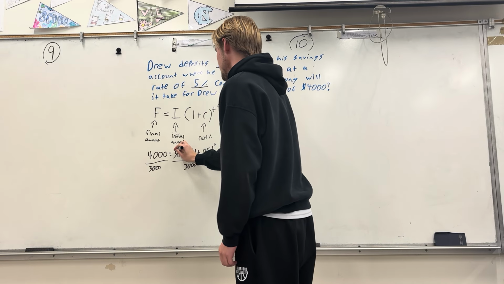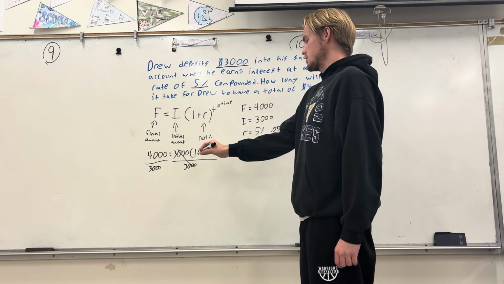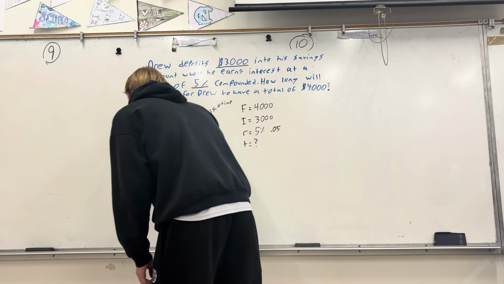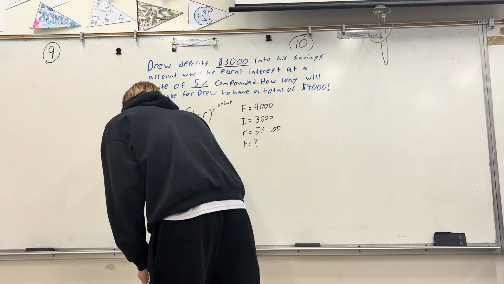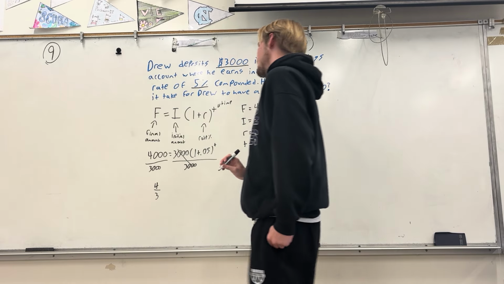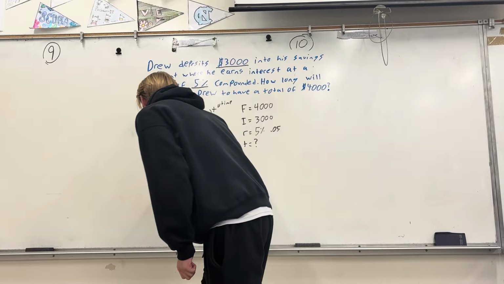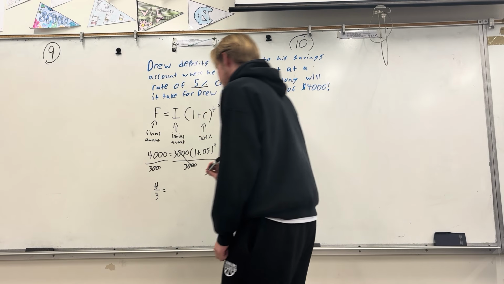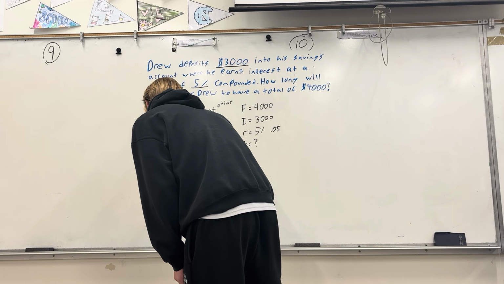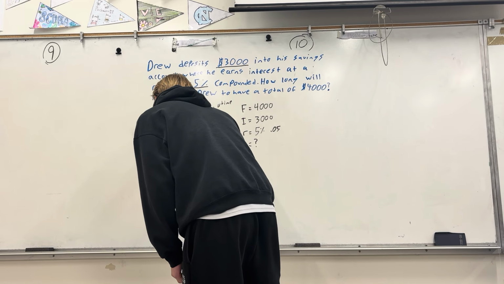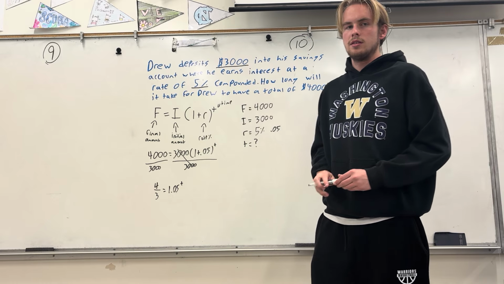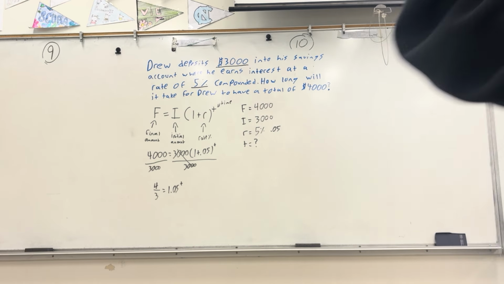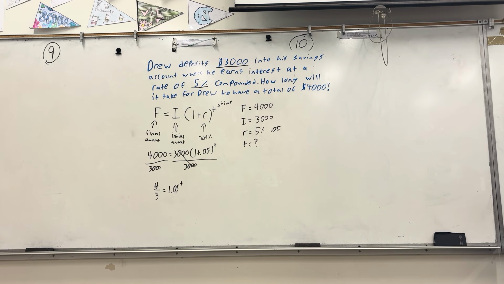And so these cancel out. 4,000 over 3,000 simplifies to 4 over 3 equals, and then 1 plus 0.05 is just 1.05, so equals 1.05 to the power of t. Let me make sure this is still in front of you.